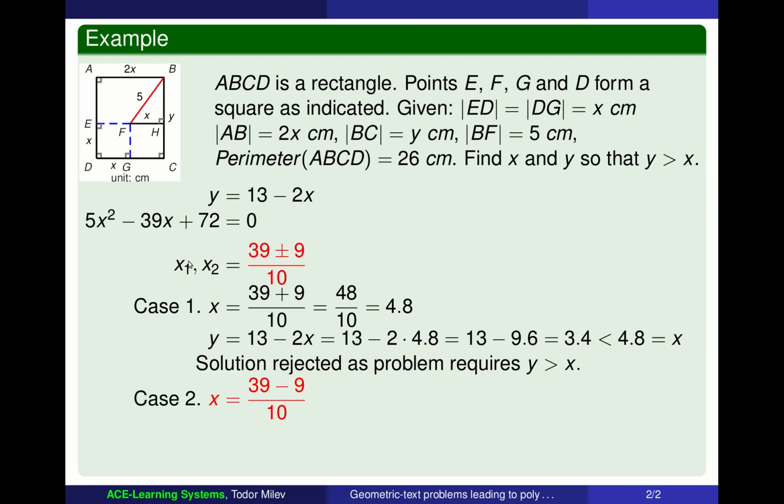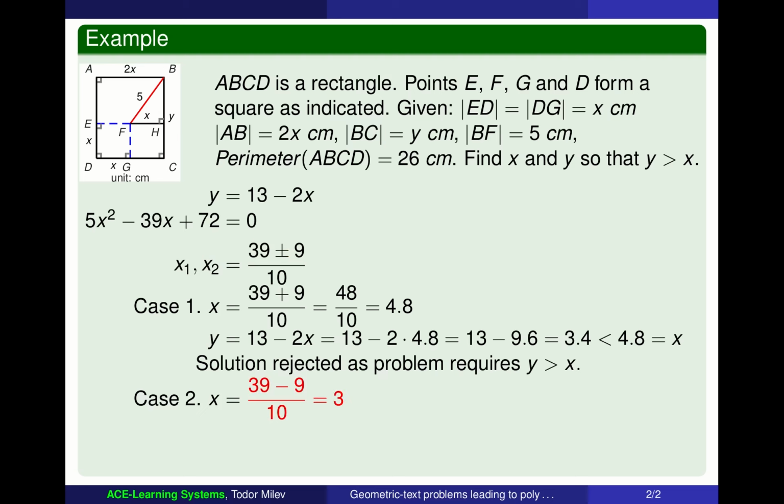Case 2 is that x is equal to 39 minus 9 over 10. That's my next case. So x is 39 minus 9 divided by 10. And now 39 minus 9, that's 30 divided by 10, that's 3.